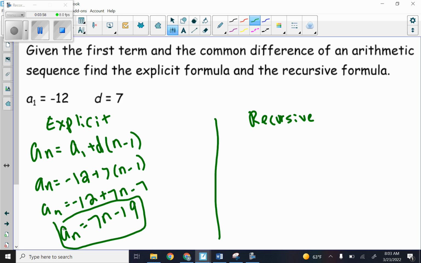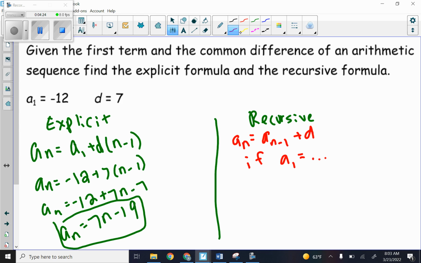Now, our recursive rule, remember that's a sub n equals a sub n minus 1 plus d if a sub 1 equals. So go ahead and try and find it yourself.